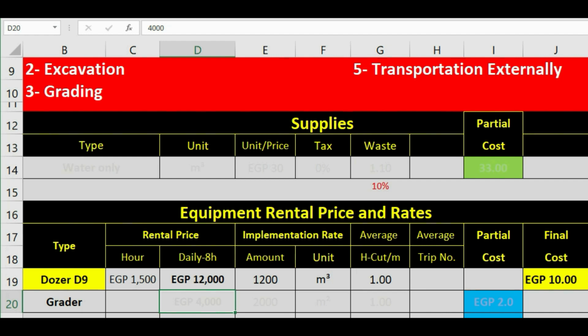Therefore, from empirical and previous experience, we will consider the average implementation rate of dozer D9 or equivalent to be 1,200 cubic meters of excavation in ordinary soil.